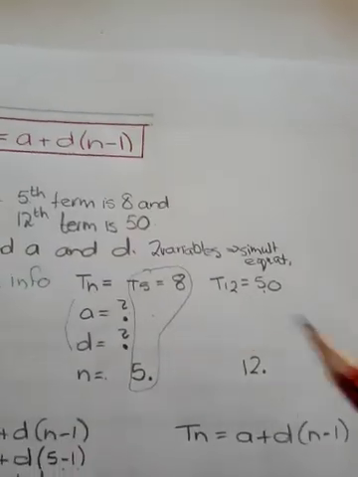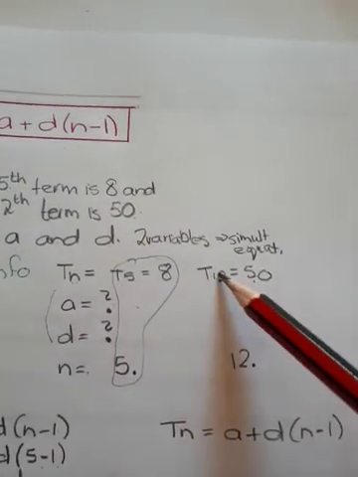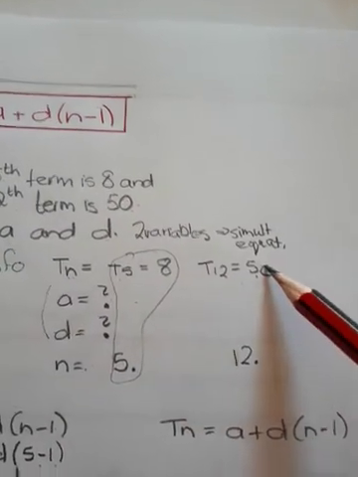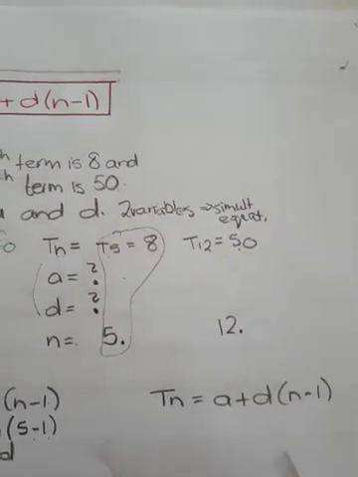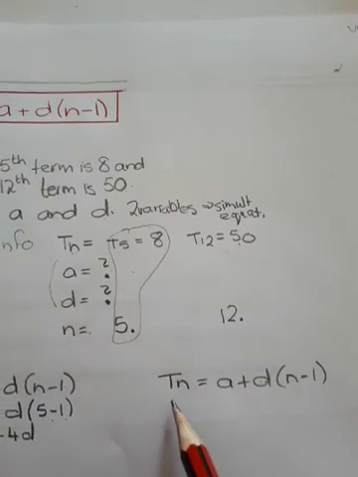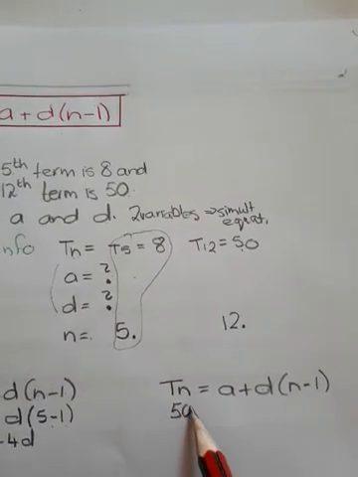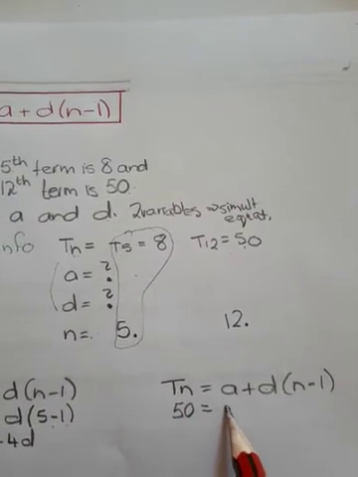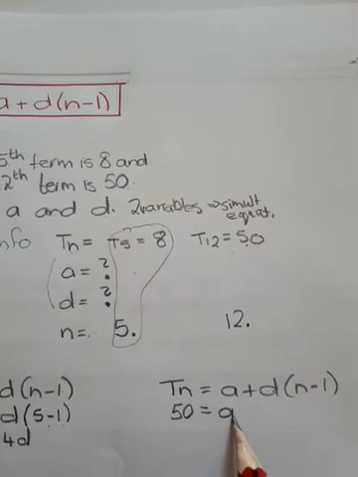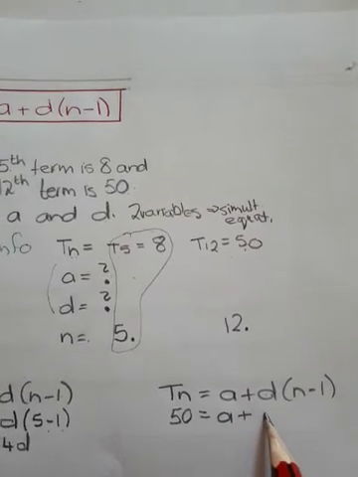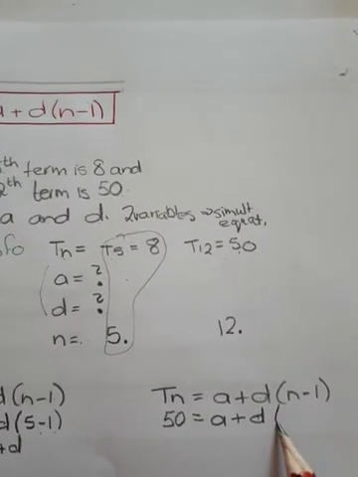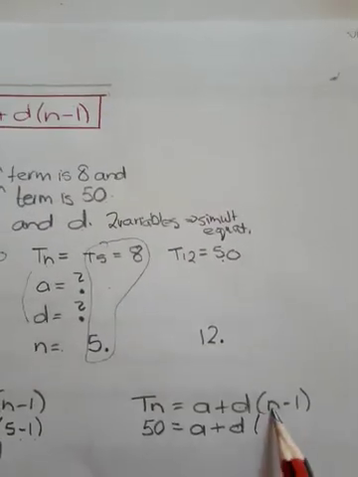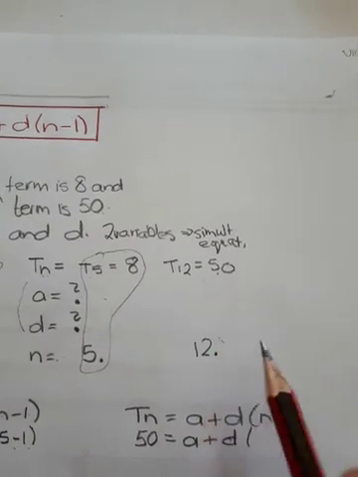But also remember, people, you are given the 12th term, which is 50. So I will use another equation, and in the place of Tn, I will write 50, which equals A, which remains A, plus D, which remains D, times open bracket, 12 minus 1, since 50 is the 12th position.